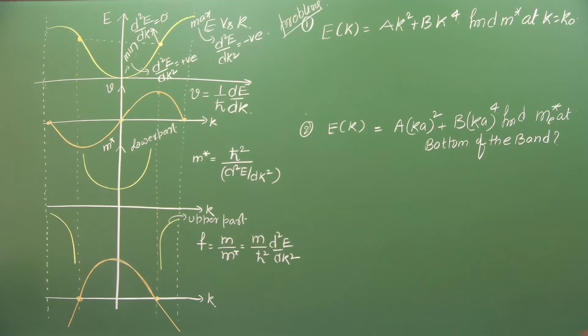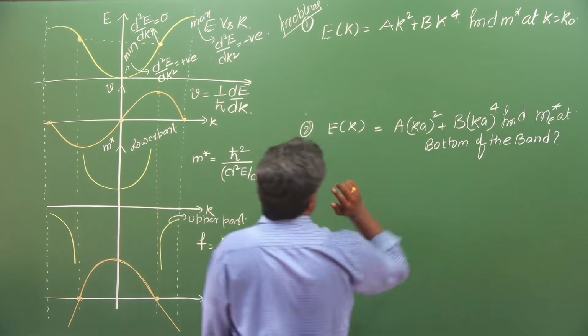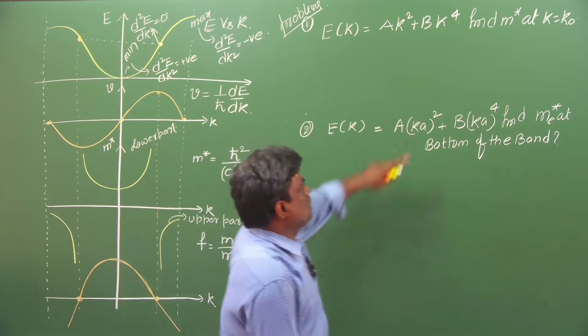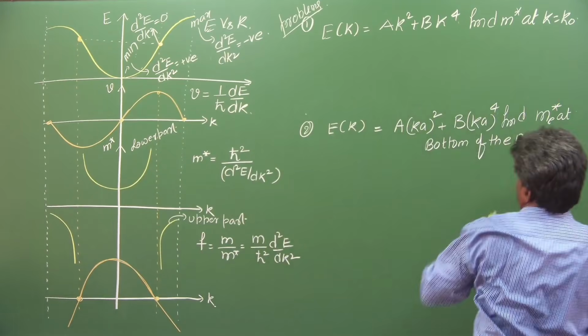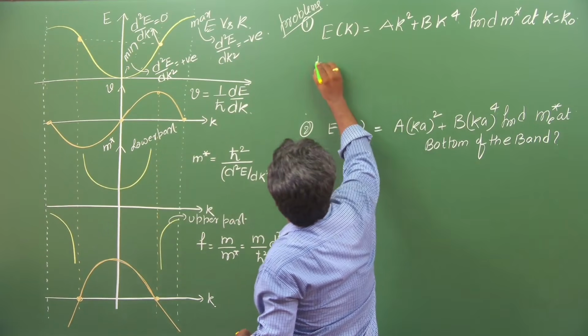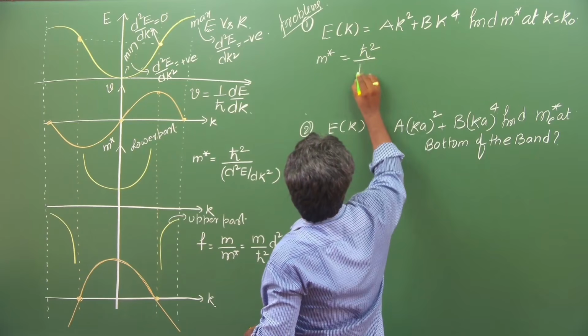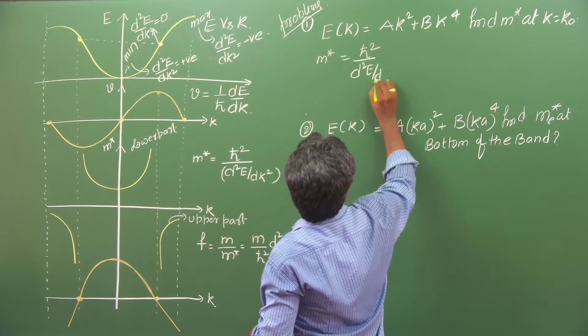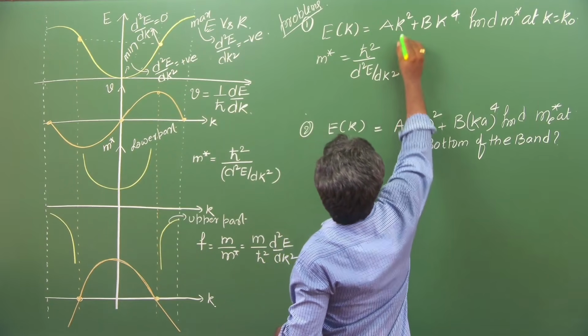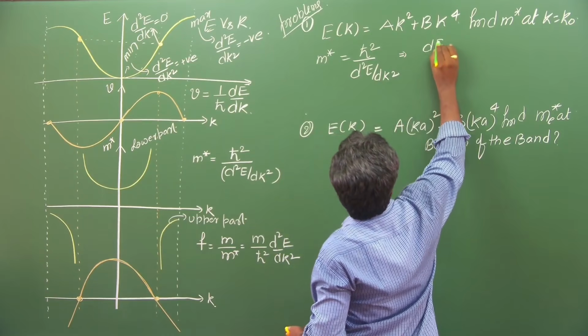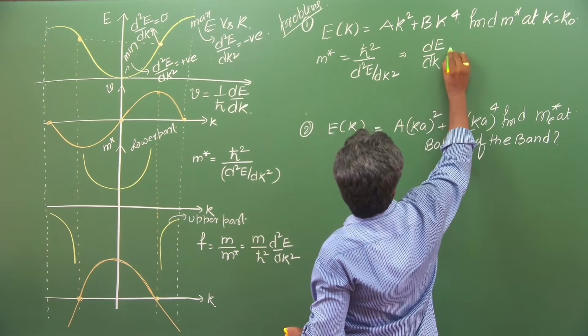Right. Start the problem. E of k equal to ak square plus bk power 4. Just find m star at k equal to k naught. So please write the formula of m star. m star equal to h cross square by d square E by dk square. Just find the 2 times derivative. First find 1 time, slowly do it 1 by 1.